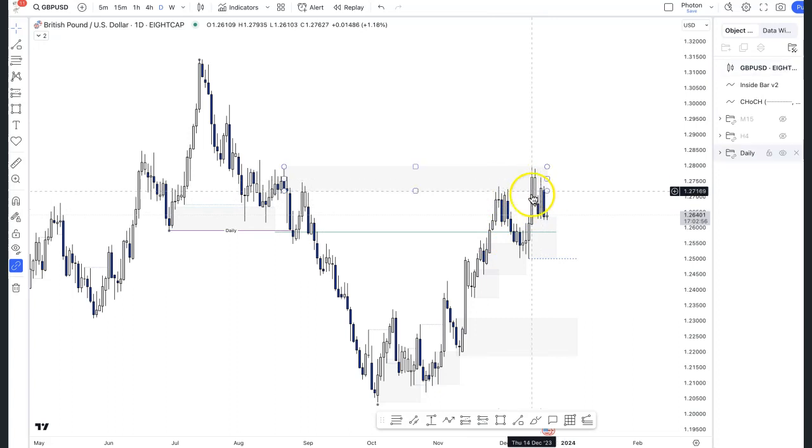We'll expect at some point for the pullback to get over, which is generally based on some kind of supply zone that we hit, and from there we expect the price to pull down. If we have already crossed the equilibrium and are in the premium, I'm that much more cautious in playing longs. In fact, I won't be looking at longs. I'll only be interested in playing shorts. So this is as far as the daily is concerned.